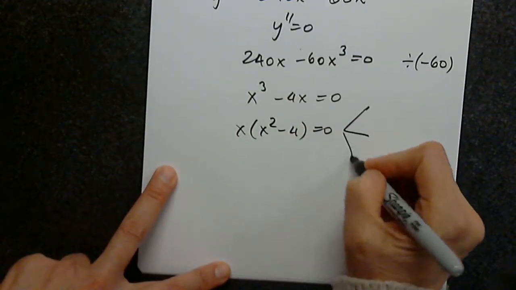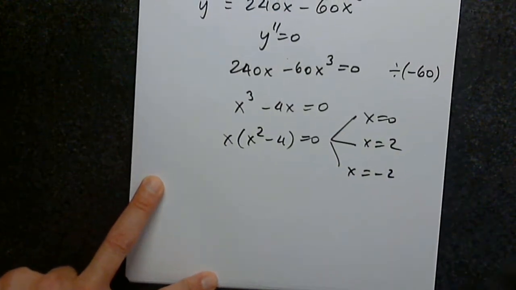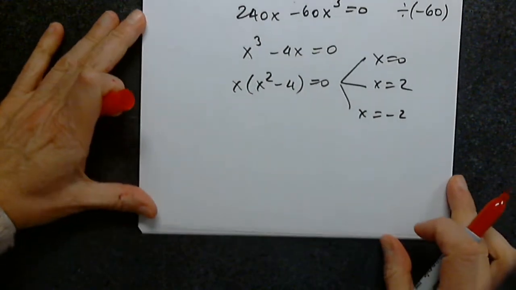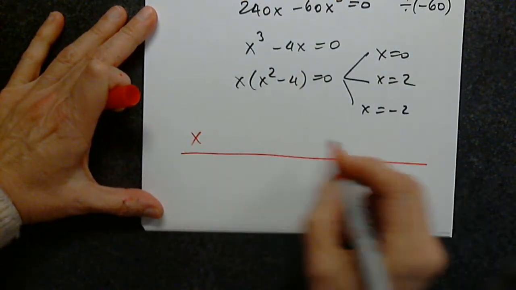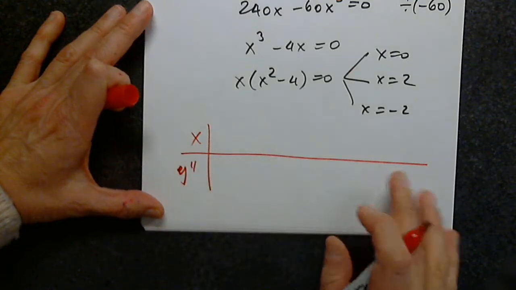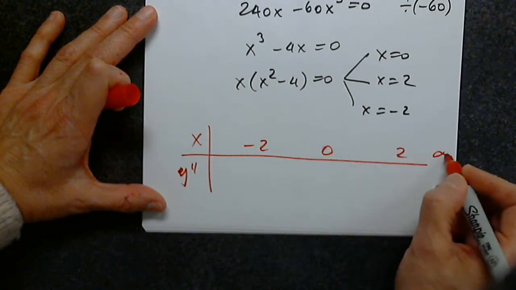And I have three solutions: x equals 0, 2, or negative 2. But who knows what is what? So I can conclude before I study the sign of the second derivative. So negative 2, 0, and 2.